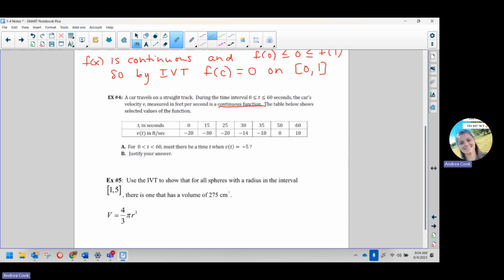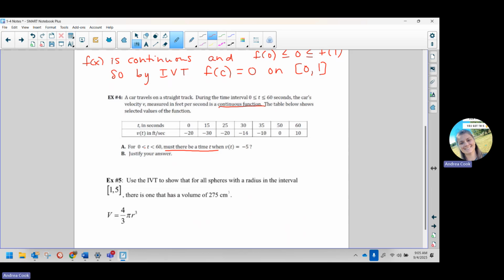So for the interval from 0 to 60, must there be a time where v of t equals -5? Do you see how they're asking, must there be a time? Is there a value where the function equals -5? So we're going to look at the table, and can you find two y values that -5 is between?